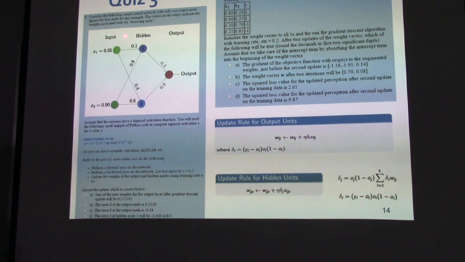Yes. For example, in this part, the input is S1 and S2. This is the weight. So, for example, the input of the first hidden node should be 0.35 plus 0.1 times 0.1 plus 0.9 times 0.8. And then you put it into the sigmoid function.